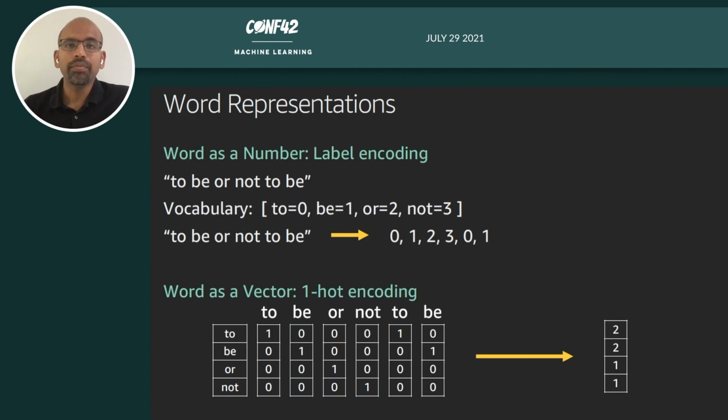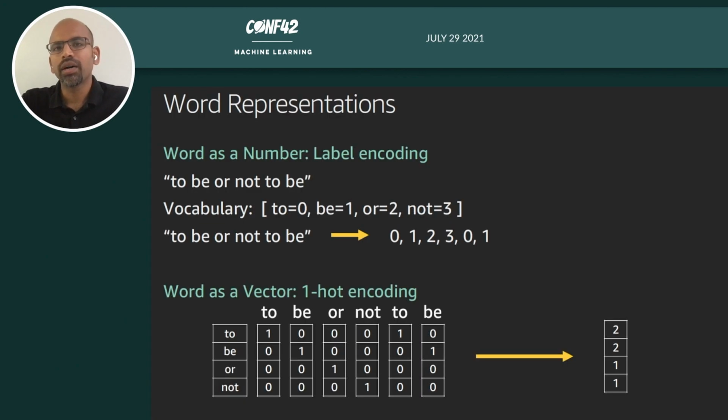For example, be as a word is now closer to to and or, but away from not. Is that true? No. So how did we even arrive at these labels when there is no such relationship? Just randomly naming them with numerical labels may not be a great way of solving the problem.